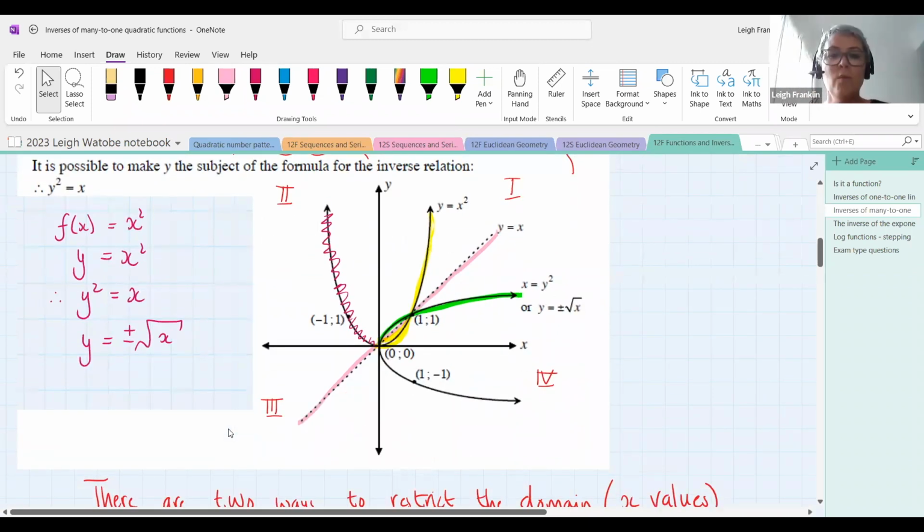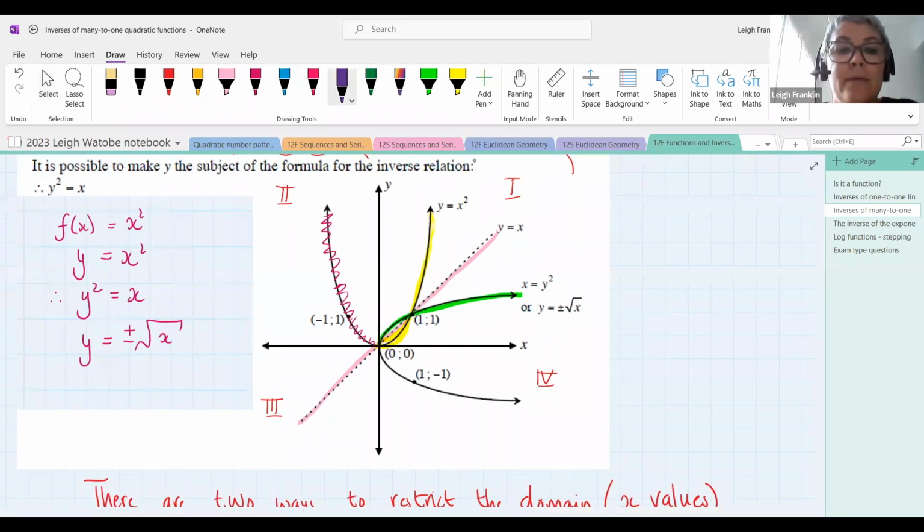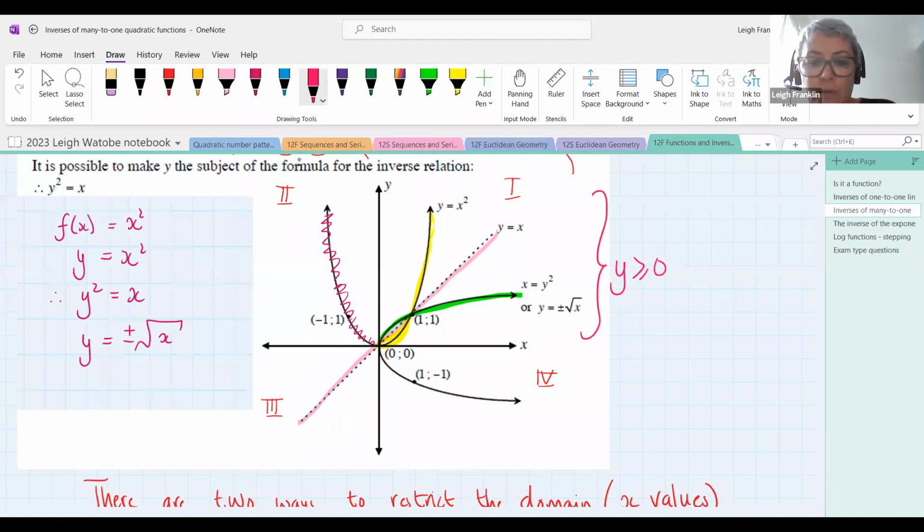So when we are in quadrant number 1 and quadrant number 2, y is positive. This bit over here is where y is greater than or equal to 0. When we are below the x-axis in quadrants 3 and 4, this is where y is negative. So remember here, positive x.